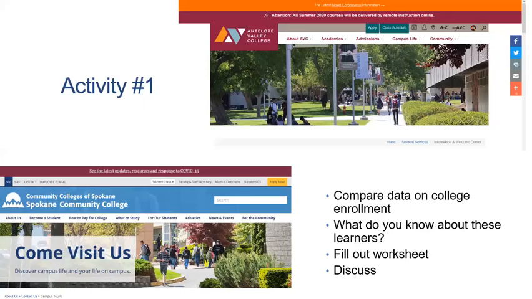We'd have to get out our calculators, and we're not going to do that here. But you can see the numbers of people who are over age 30 are quite a bit more than at Antelope Valley, and that's reflected in the practical element of the courses of study: the construction, the welding, workforce development, and so on. So, anybody have any other thoughts they want to share about this exercise?